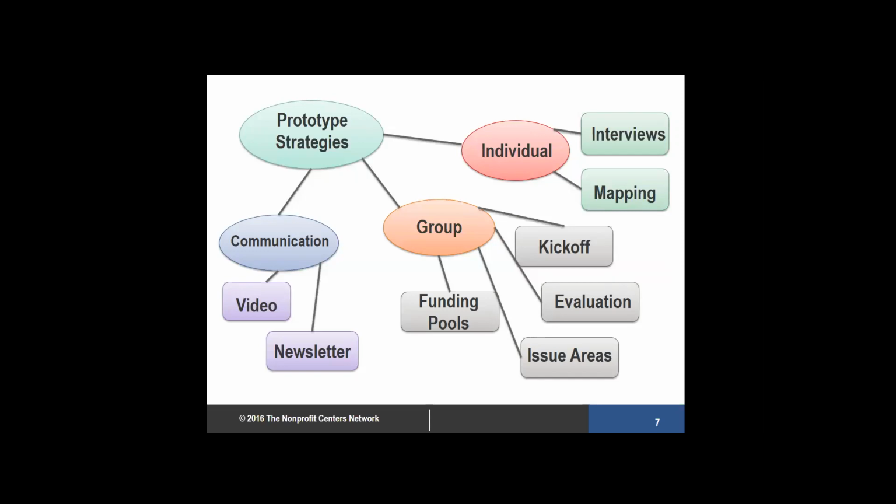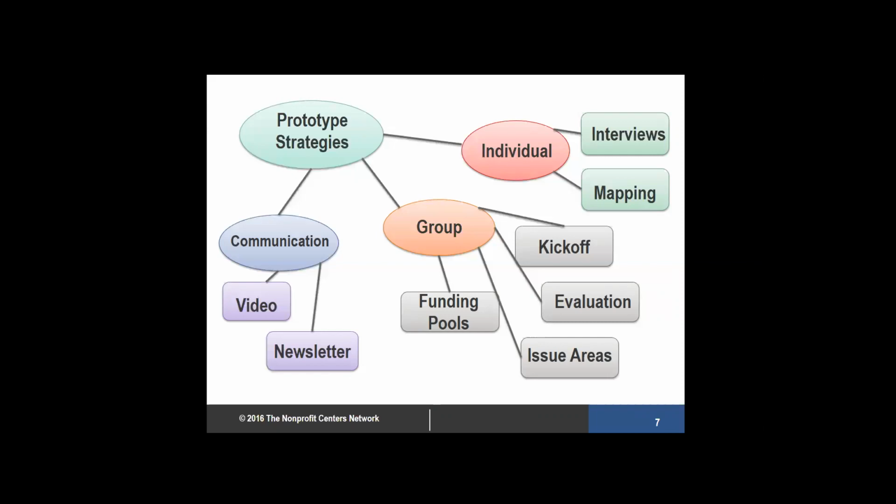Then we also had groups that were trying communication strategies to advance collaboration, starting newsletters or listservs, and there was even one really ambitious shared video project that happened. And what we found was the group strategies really were the most effective for the amount of effort that was put in.